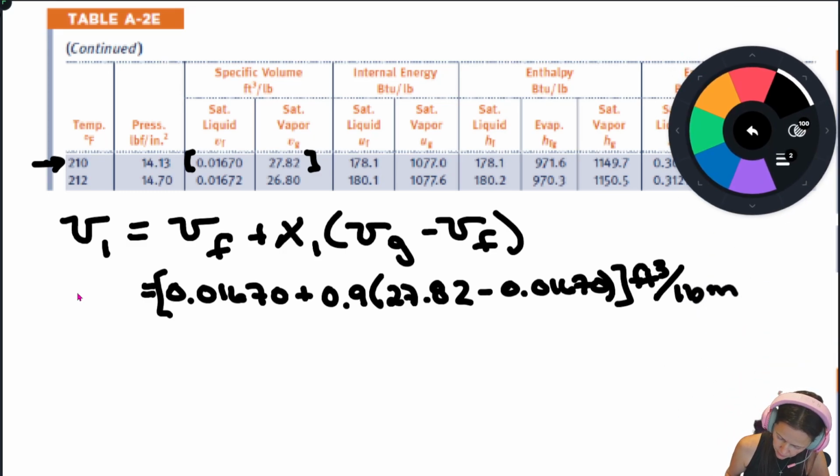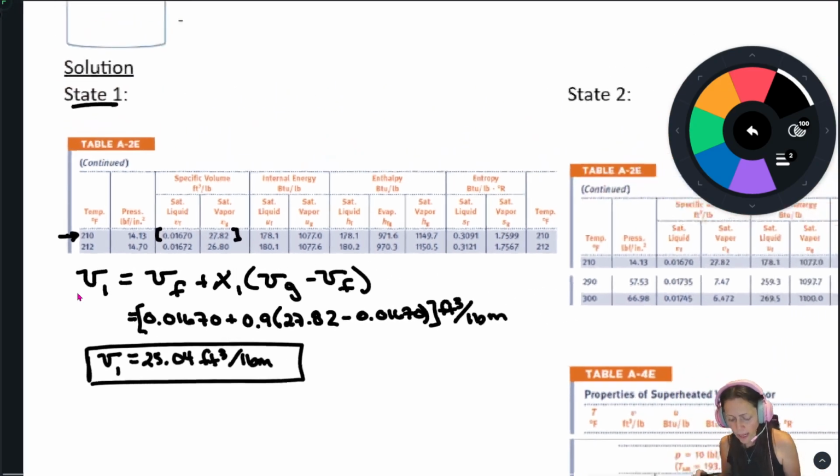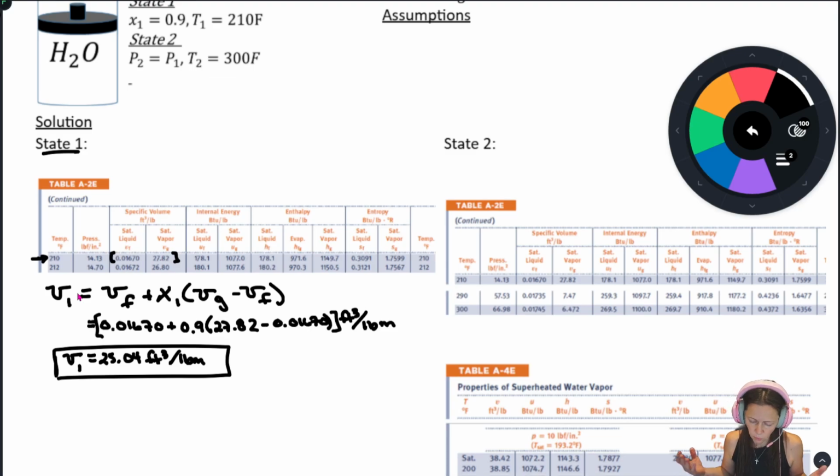So if I plug that in, I get 25.04 feet cubed per pound mass. There's our V1. Now, I am going to make a note of what P1 is, because at state 2, P2 is equal to P1, and T2 is given to me.